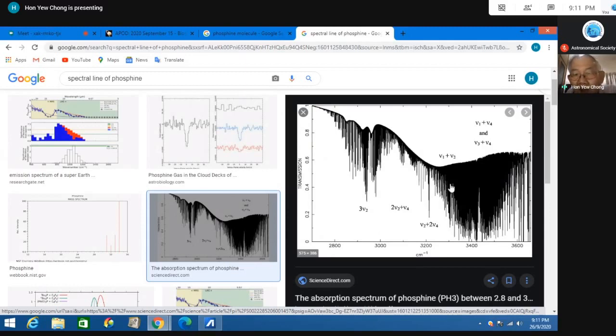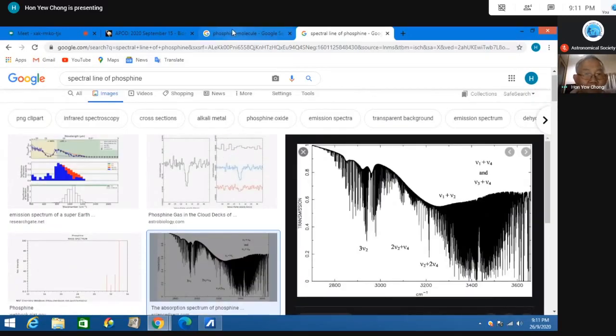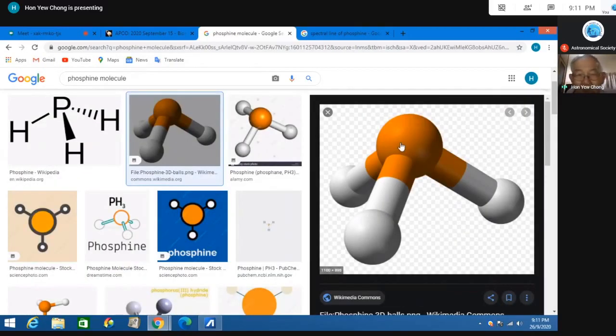So basically, the spectral lines of phosphine in the infrared region are tens of thousands of lines. So look carefully. Now, when you have a phosphine molecule, phosphorus and hydrogen, it's not that these atoms will remain like that. No, they're always in constant motion. For example, between this phosphorus atom and this hydrogen atom, they can vibrate.